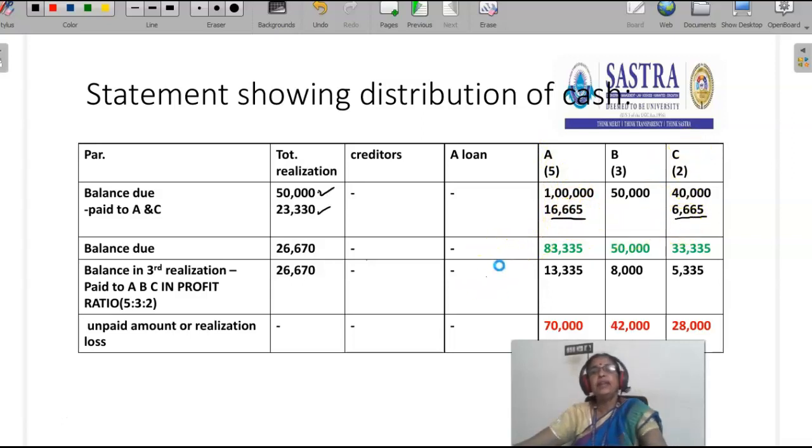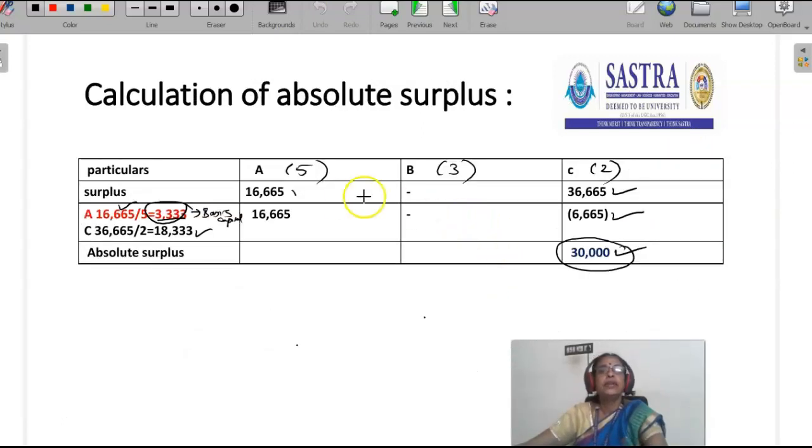Let's see the previous working. Here the absolute surplus is 30,000. Before that, the surplus for A is 16,665 and for C is 6,665, and so that amount has to be settled by the firm. First priority it gives to C. Then A's surplus of 16,665 and C's surplus of 6,665 should be settled next.